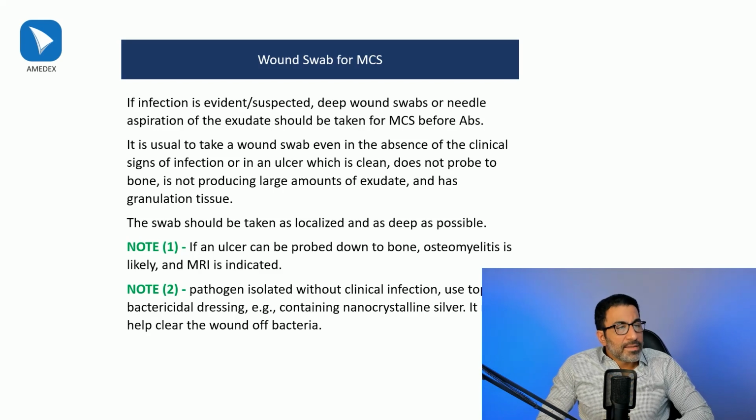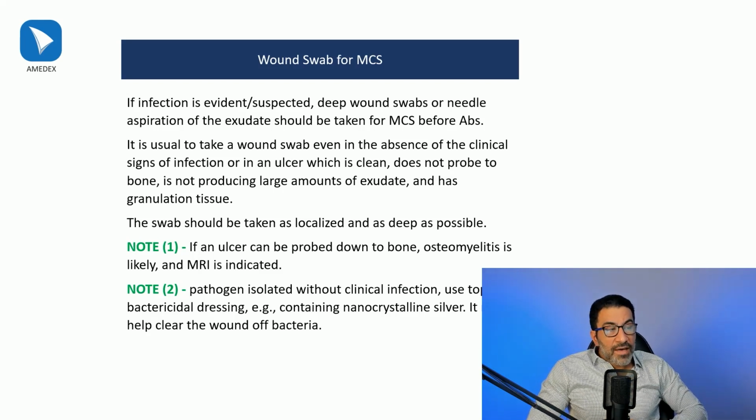They say that if the infection is evident or suspected, do the swab or sampling. But in reality, what they also recommend is that even if the wound doesn't look infectious, doesn't have an odor, seems clean, has granulation tissue, just to be on the safe side, maybe you want to do the swab. So for practical purposes, we always do wound swab and sampling after debridements.